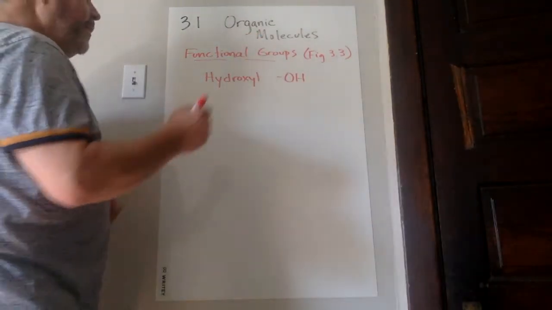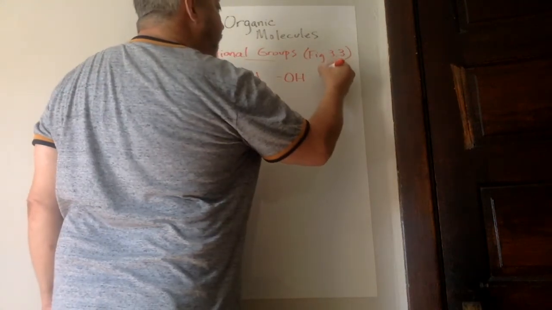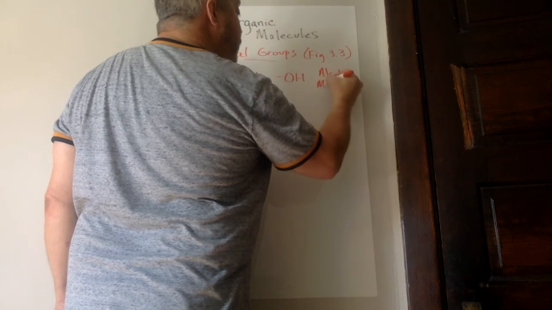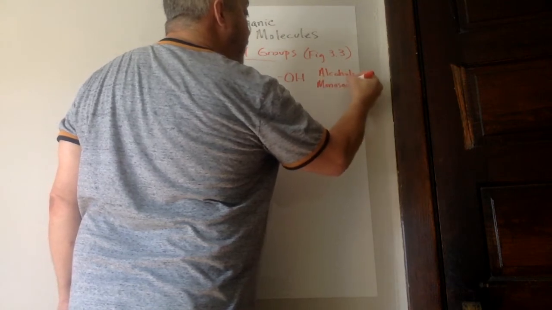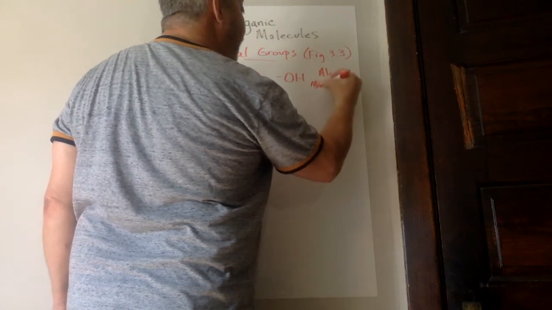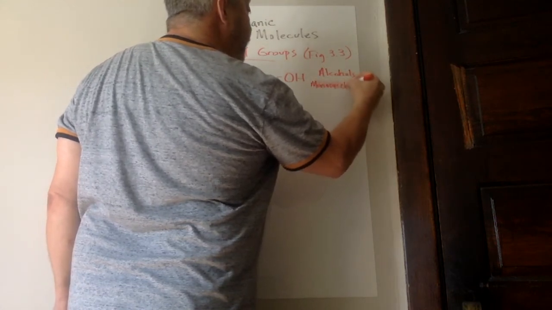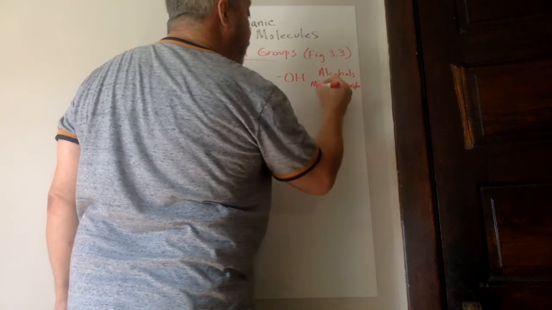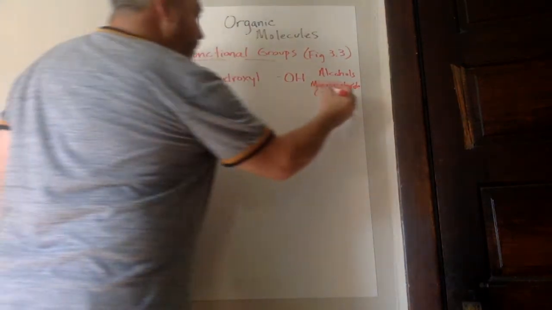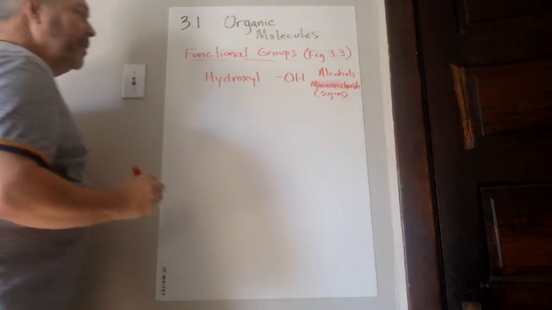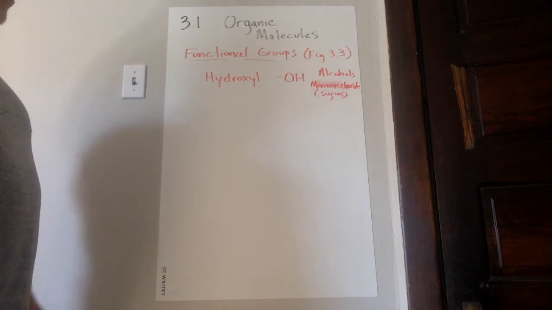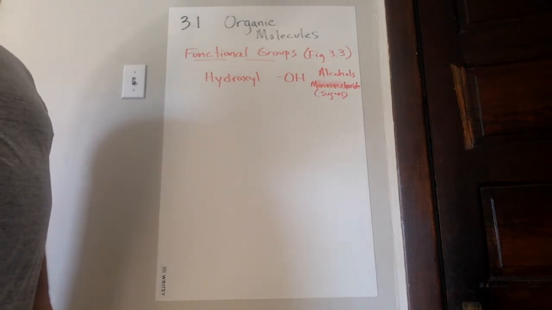You're going to find that in what they say here, alcohols. And I'm going to use the word monosaccharides. The book calls this sugars, but sugars means something different in science. So I would like you to get into the habit of, when you're talking about small carbohydrates, calling them monosaccharides.